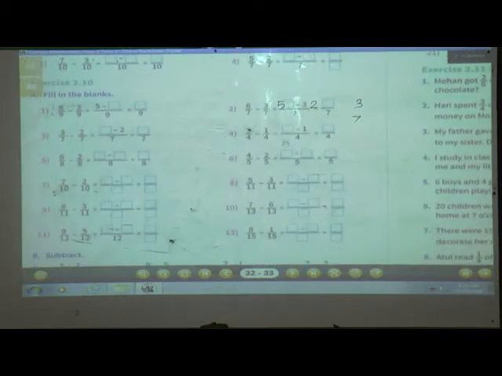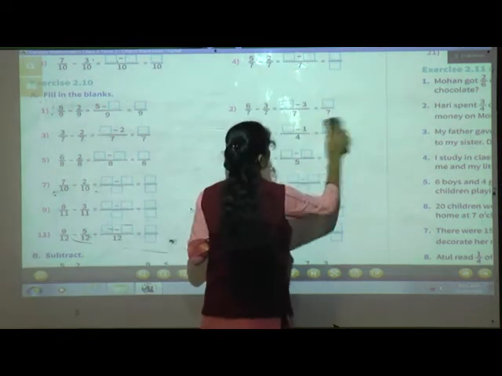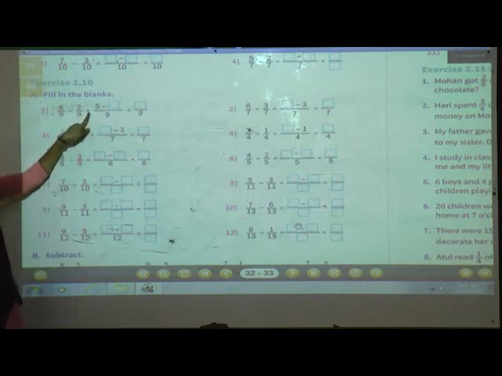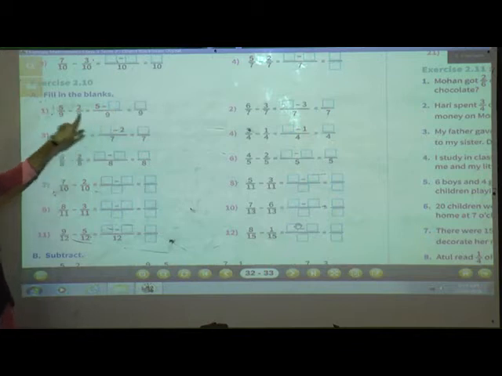See the first question, question A, fill in the blanks. 5 by 9 minus 2 by 9 is equal to. Now here 5 by 9 minus 2 by 9 is equal to 5 minus, what will come here? Yes, see the second fraction.